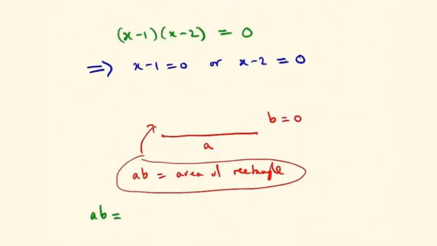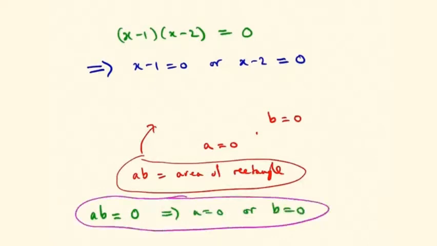There's in fact a third possibility, and that's that the whole thing contracts to a single point with 0 area, in which case both a and b are equal to 0. But the upshot of this is that if ab is equal to 0, if the area of the rectangle is equal to 0, then either a is equal to 0 or b is equal to 0.